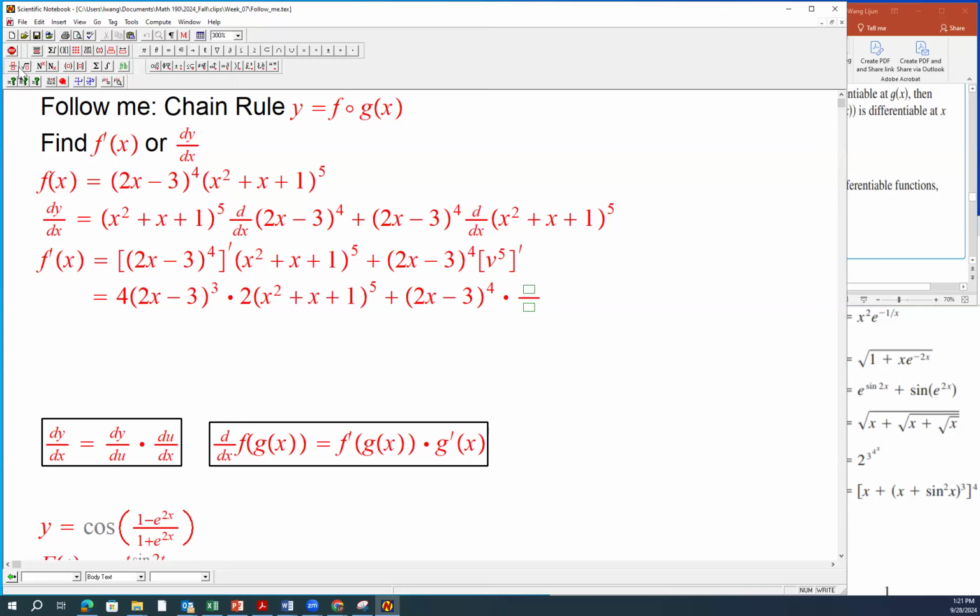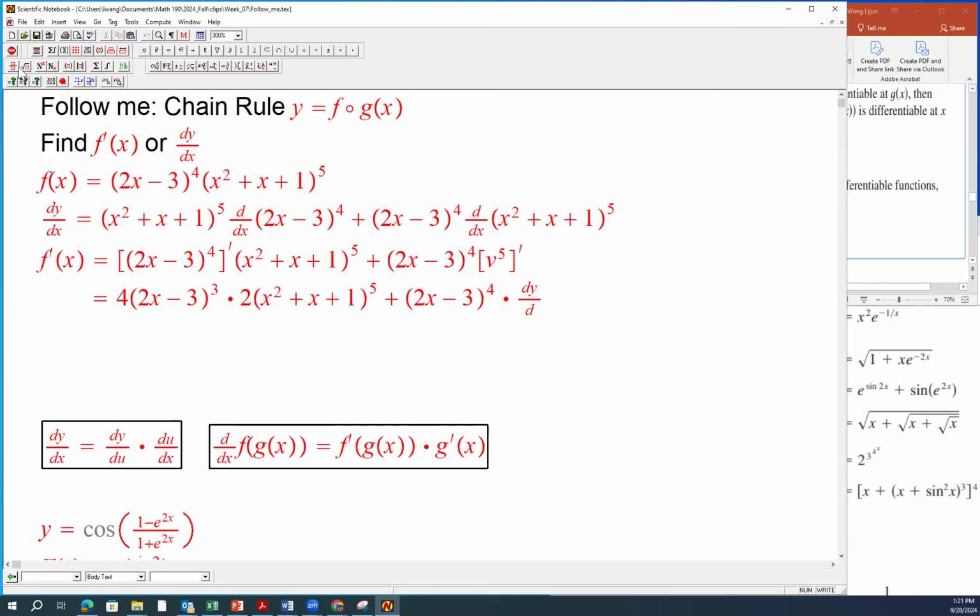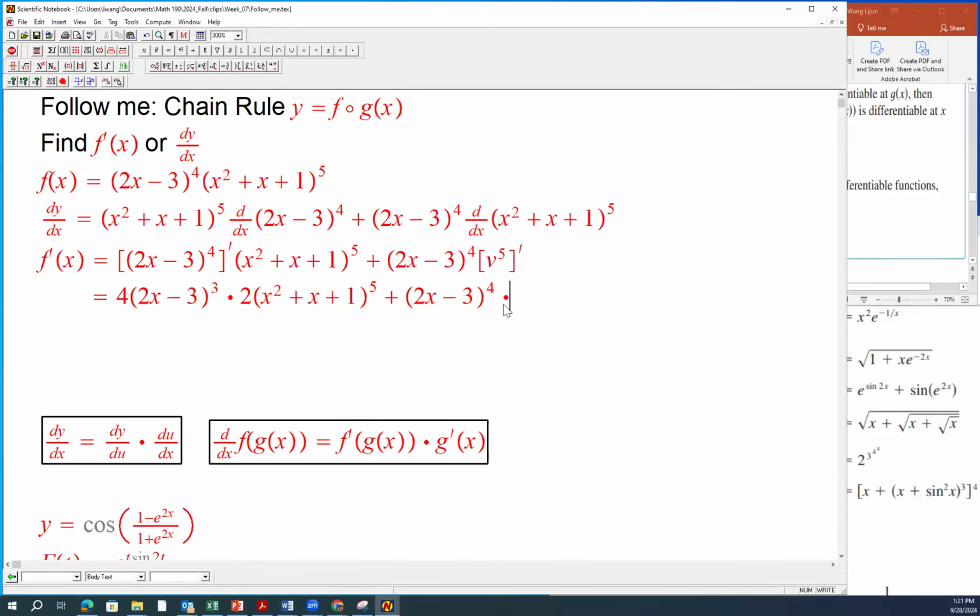And that's like the dy over dv, okay? So that's differentiating v to the power 5 with respect to v. So that's going to be 5 times v to the power of 4. And then we're going to differentiate v, right? But before we do that, we're going to substitute that v back.